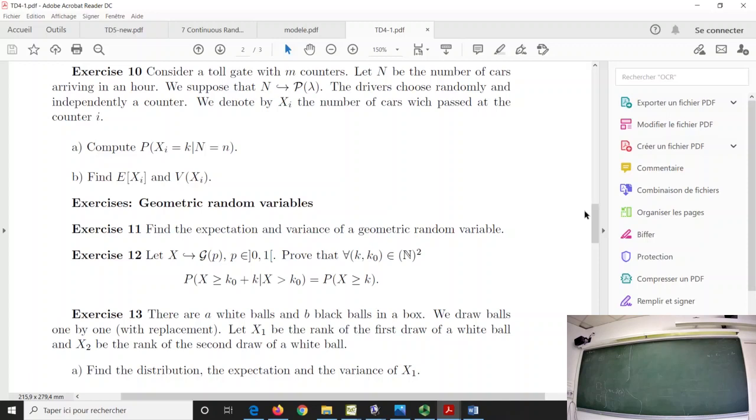Keep in mind that I first ask you to compute this conditional probability, and then in the second step I want something related to the distribution of this side, so that will be related to this one. So intuitively I think that you have the idea, but you need to explain.